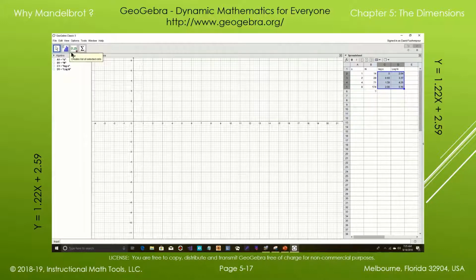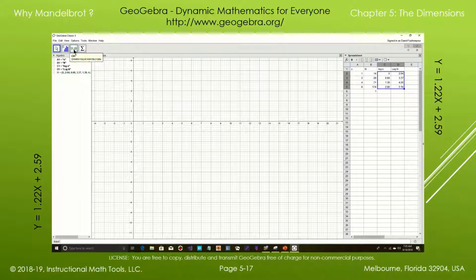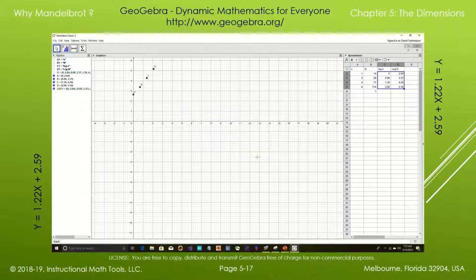So we go over and we want to get a list of points, and we're going to call that list 1. I'm going to create it. So there's our list of points.